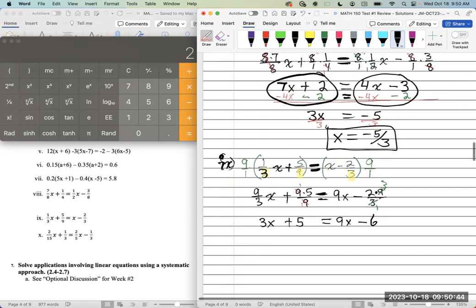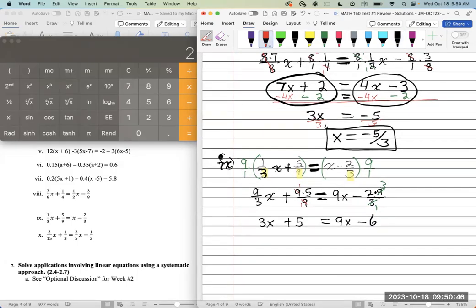Minus 6. Need the same thing on both sides of the equation. All the variables on one side, all the numbers on the other. I'm writing down what I'm doing to both sides of the equation so I don't make silly mistakes. Keeping my equal signs lined up. This side simplifies to be 11.